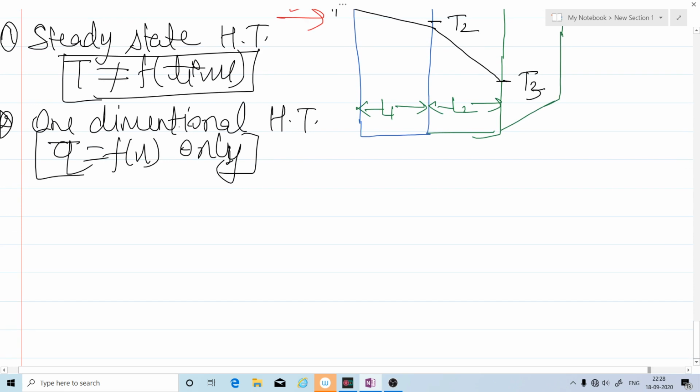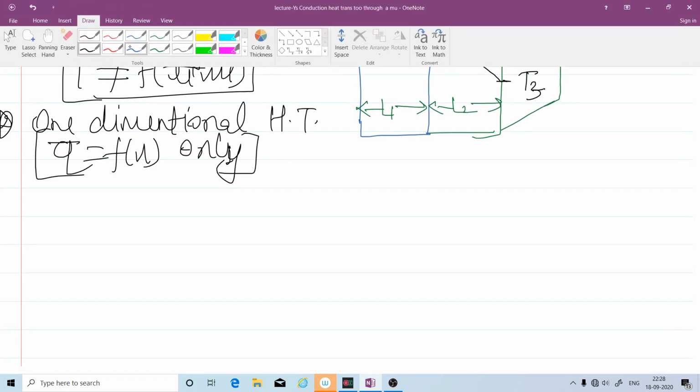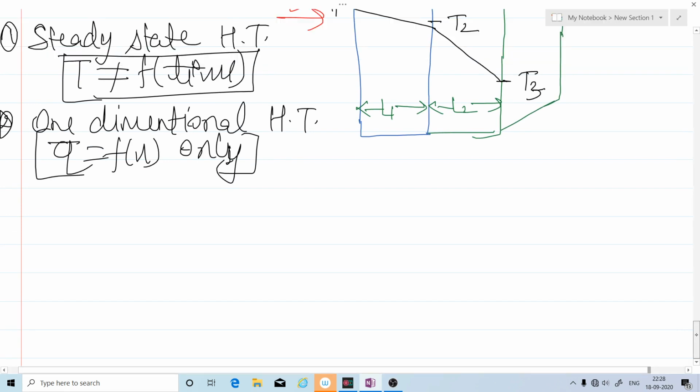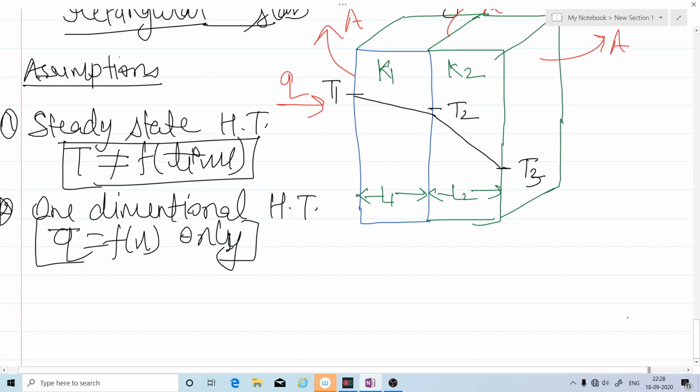Till now we have understood everything. Now we can easily say that the heat transfer through the first slab, let's say this is slab 1, slab 2, is because of the temperature difference T1 and T2.